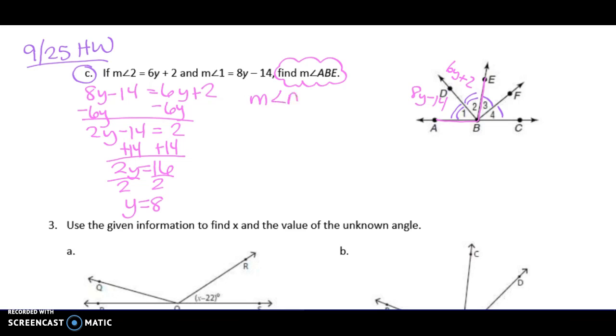And find the measure of angle ABE. It's the whole thing. So that means it's 8y minus 14 plus 6y plus 2. And here we know y is 8. So replace my y's with 8. And then we gotta go see what this is equal to.